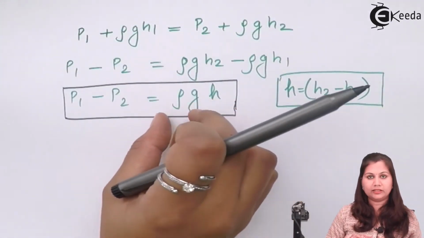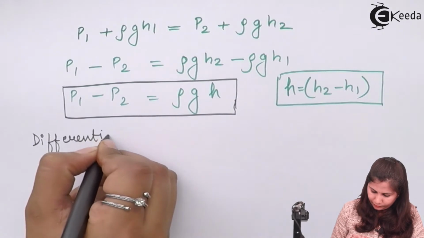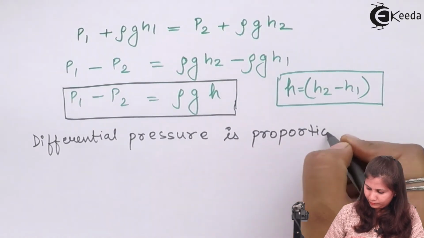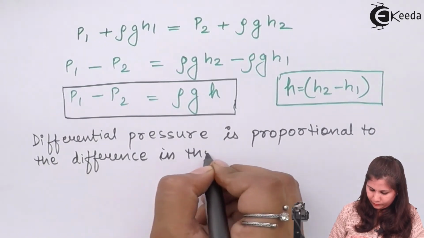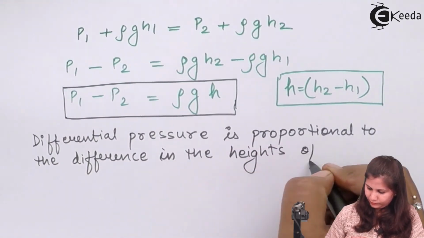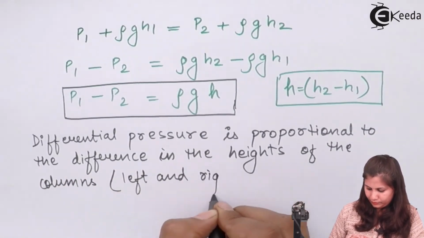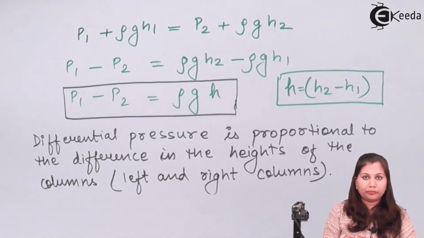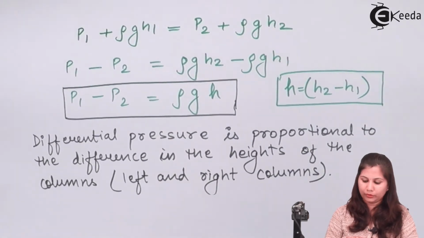So that is the U-tube manometer, in which the differential pressure is measured by measuring the difference in the height of the columns.